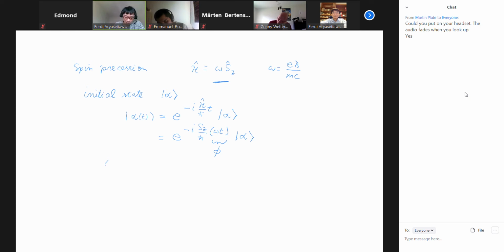If we look at the expectation value of the x component of this spin as a function of time, then it will be just given by the initial expectation value of Sx times cos omega t, minus the expectation value of Sy times sine omega t, and that's the same for Sy.